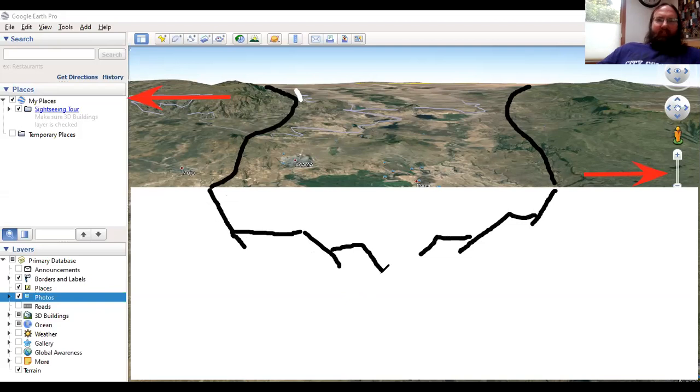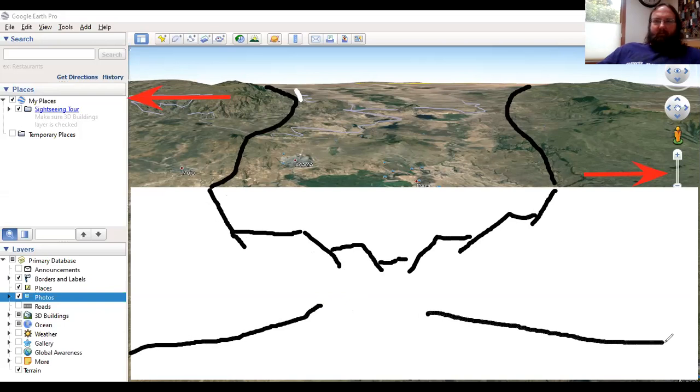Your crust, and in fact the entire lithosphere, is getting thinner and thinner.